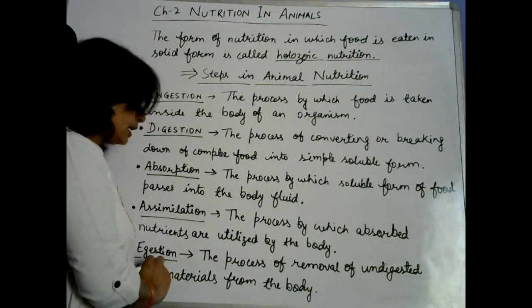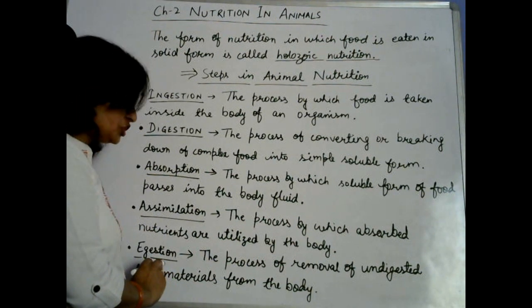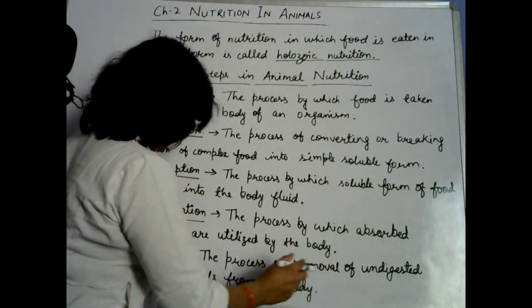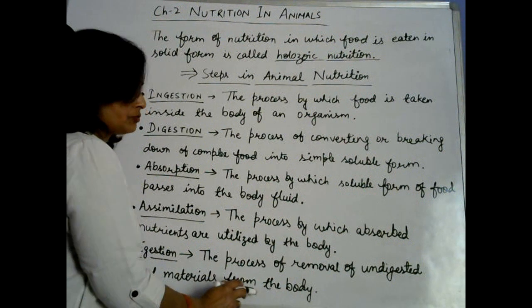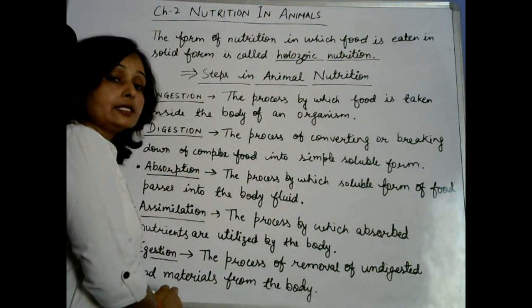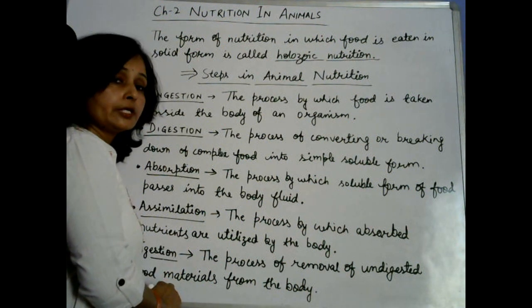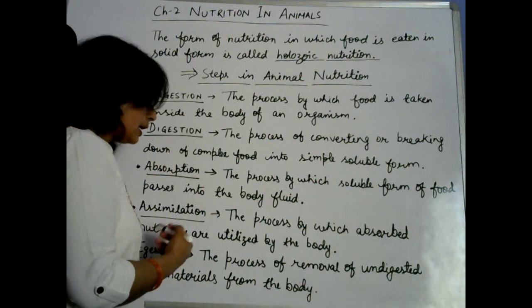After that, last one or fifth is egestion, the process of removal of undigested food materials from the body. Egestion is simply the process of removing undigested food material from our body.